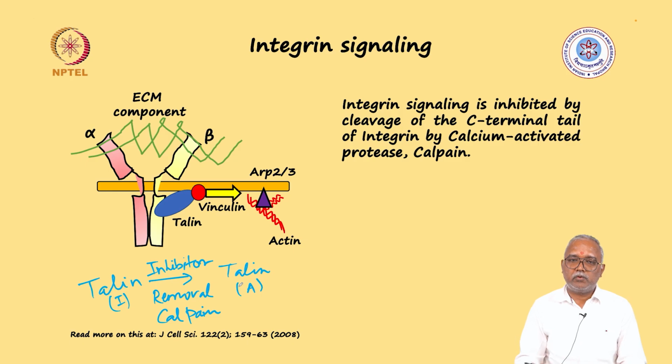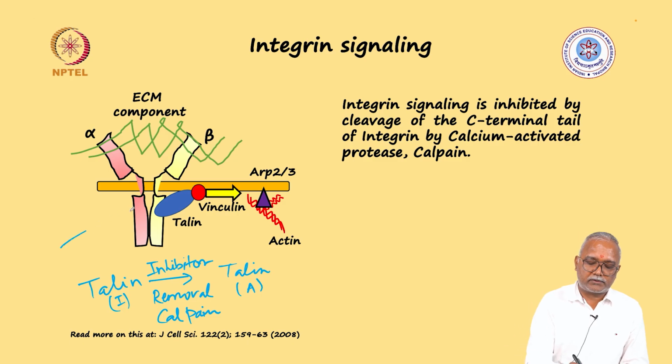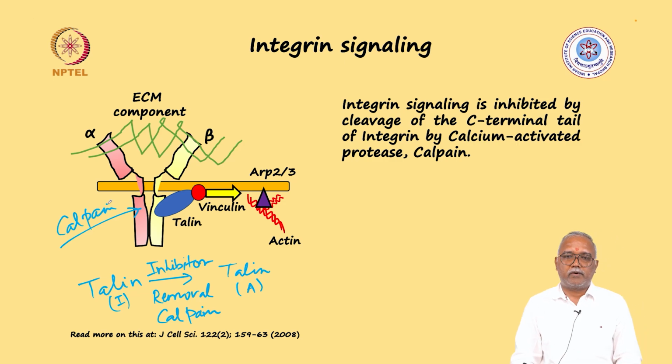So when it comes to terminating the signaling, again this calpain comes. Now calpain works on the C terminal intracellular domain of that. If you see all this picture which has been presented before you regarding the integrin signaling, you would notice that so many events are happening where binding of molecules is encouraged to this intracellular C terminal domain.